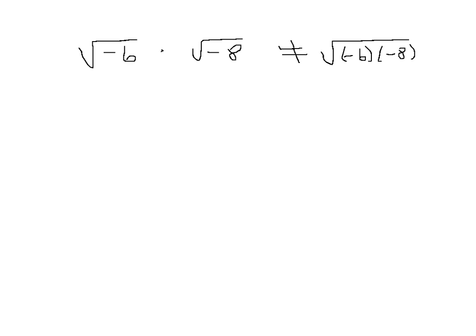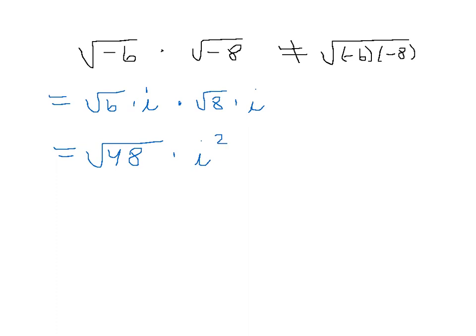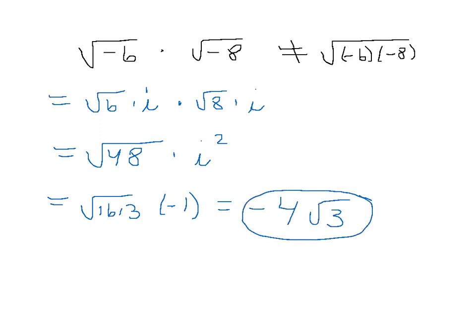And so the way that we have to work this is we rewrite this as the square root of 6 times i times the square root of 8 times i, which gives me the square root of 48 times i squared, which is the square root of 16 times 3 times minus 1, which comes out to be finally minus 4 square root of 3. So it's important to remember that this rule that works with positive numbers does not work with negative numbers.